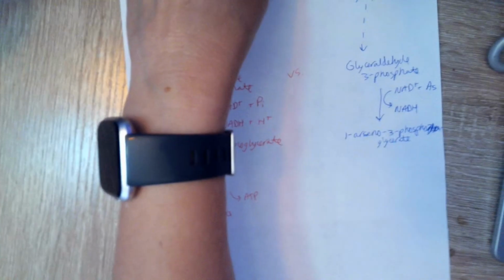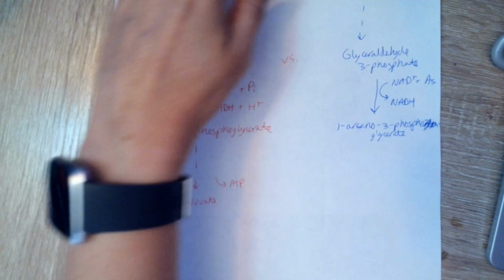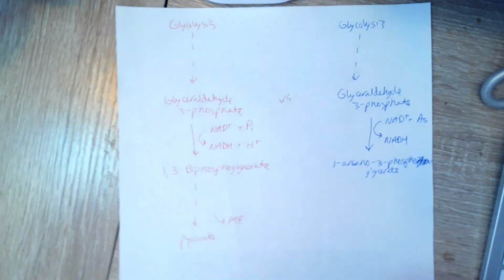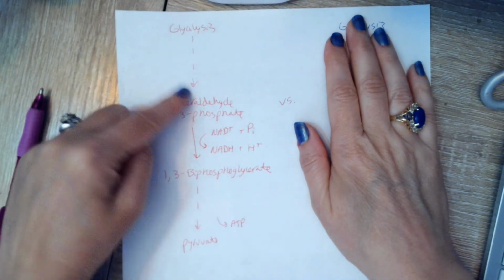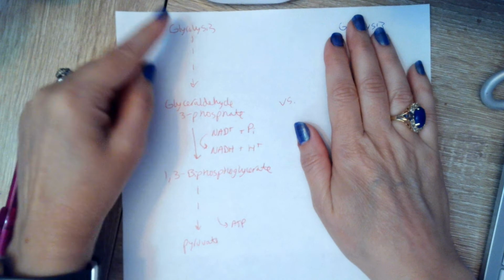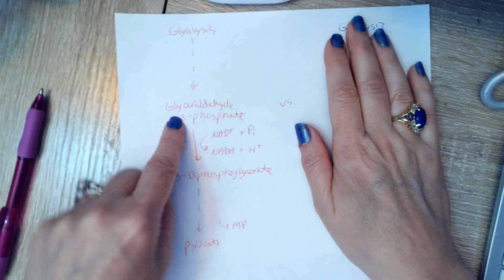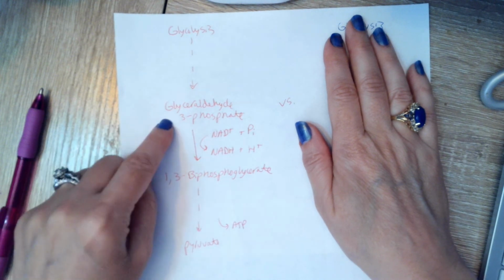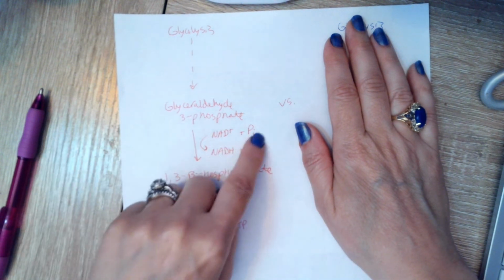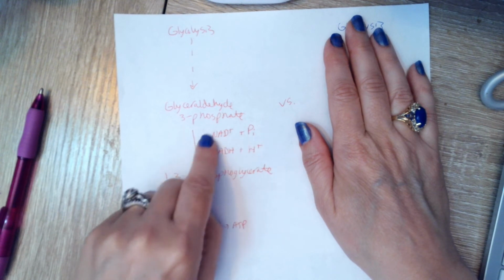just a comparison of glycolysis without arsenic, so just normal glycolysis. I didn't put all the steps here, but just like glycolysis, a bunch of stuff happens. We get to glyceraldehyde 3-phosphate, so getting towards the middle end of glycolysis. We react an NAD plus with a phosphate.